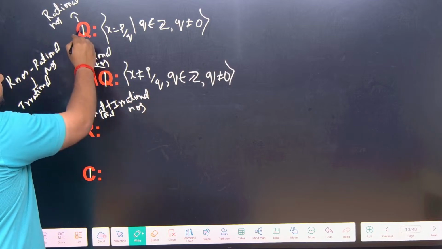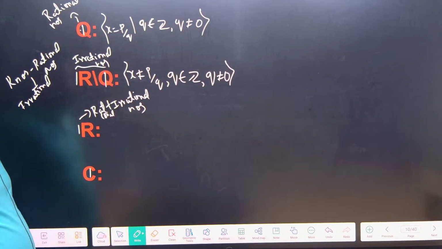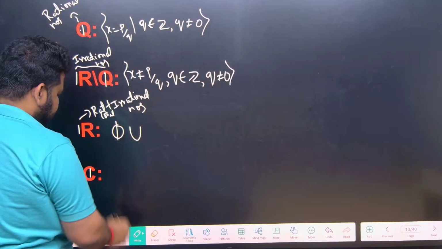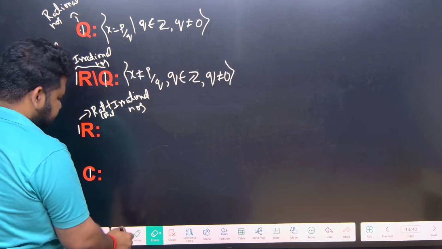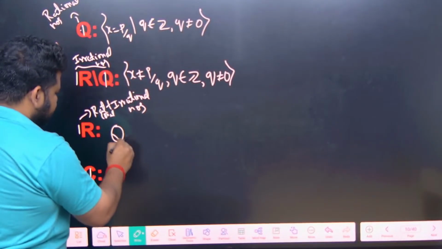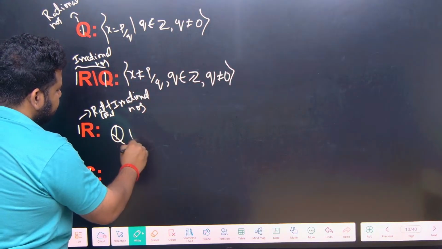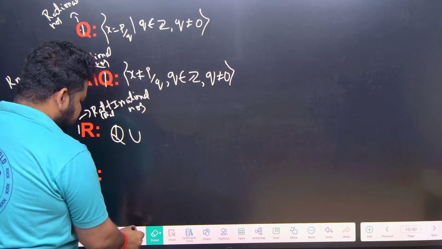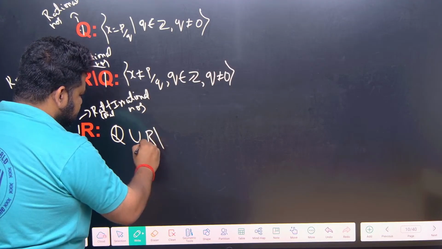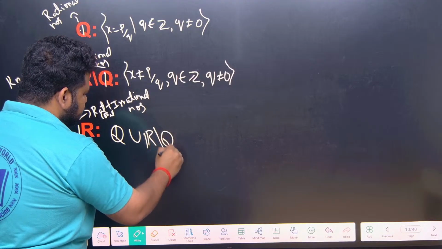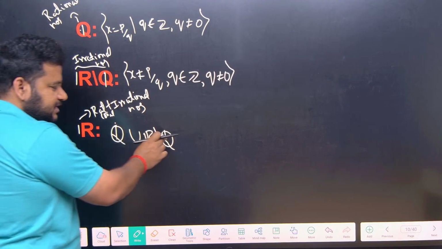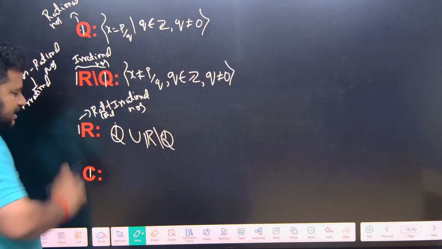That means I can write Q union R backslash Q. This is rational numbers and this is irrational numbers. The union of rational numbers and irrational numbers gives us real numbers.